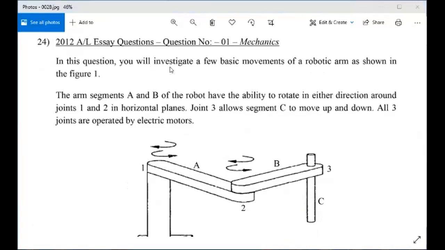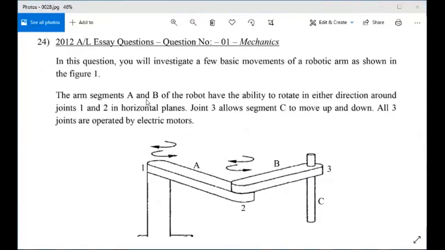In this question, you will investigate a few basic movements of a robotic arm as shown in figure 1.